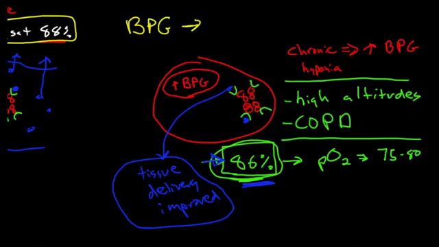So, a nice healthy Sherpa guide may have an oxygen saturation of like 88% with a normal PO2 of 105, but the oxygen that is available is going to be delivered to the tissues very, very easily, and this is all because of elevated levels of BPG that's being synthesized by the red blood cells in response to this chronic hypoxia. Okay, so that is my explanation of the oxygen hemoglobin dissociation curve, and please let me know if you have any questions.